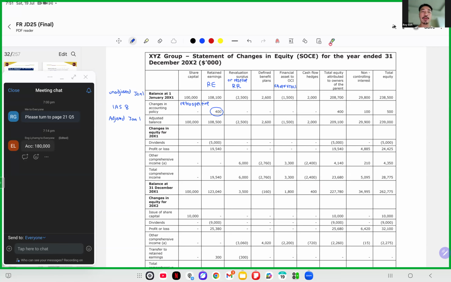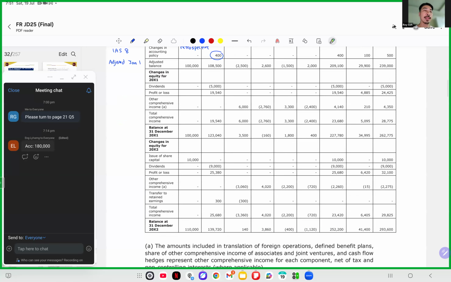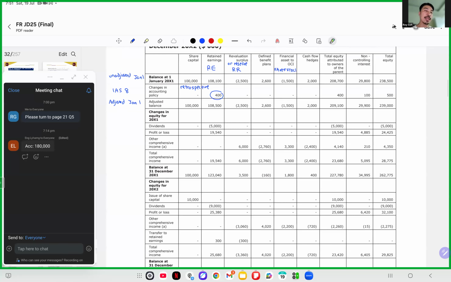All right, so if you're not sure, don't worry, you just need to show the presentation. Next, you get the end of the year. Remember, when you adjust it retrospectively, from the opening balance, it becomes the opening balance. You cannot suddenly adjust to become the closing balance. It doesn't work that way.